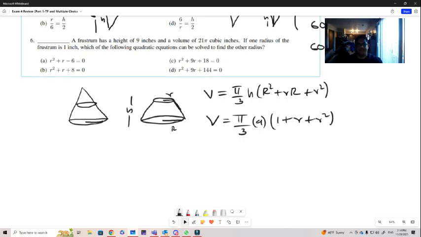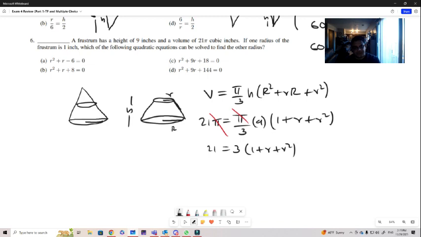What else do we have about the frustum? Oh, we have that the volume is 21 pi. So I can replace that here, and that is going to be 21 pi. Now, I get to cancel some things. The pi can be canceled with this. The 9 and the 3 can be canceled, so I'm going to get just 3.